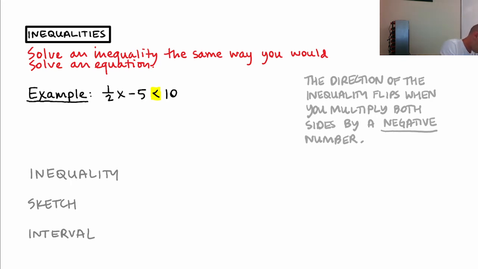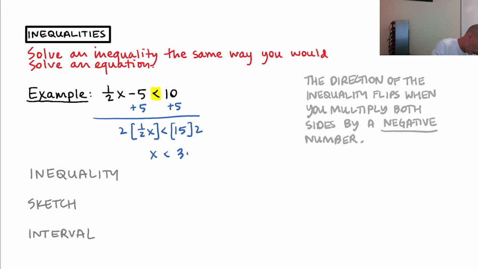Okay, so I'm going to do the exact same thing I did when I was solving this equation when it had an equal sign in there. So I'm going to start by adding 5 to both sides. And then I'll have 1/2 x is less than 15. And then I'm going to multiply both sides by 2. And it was x is less than 30.